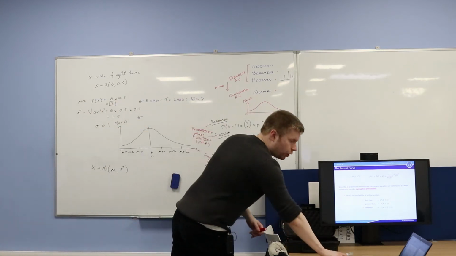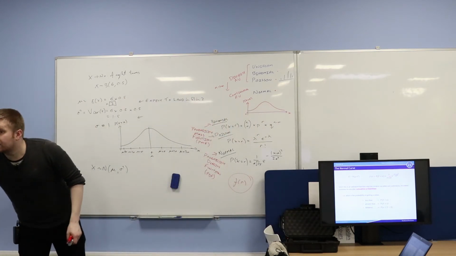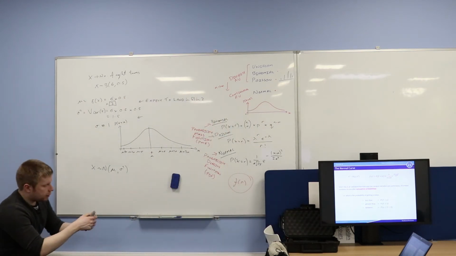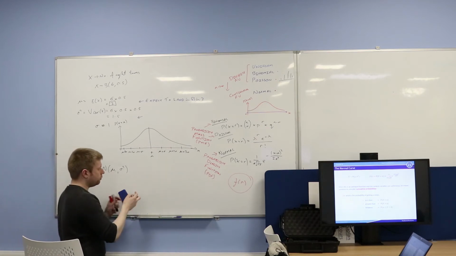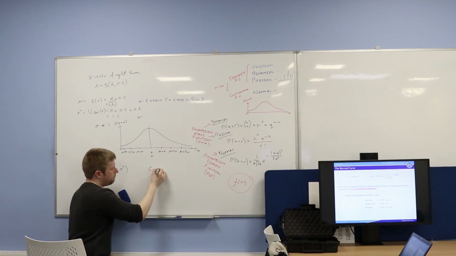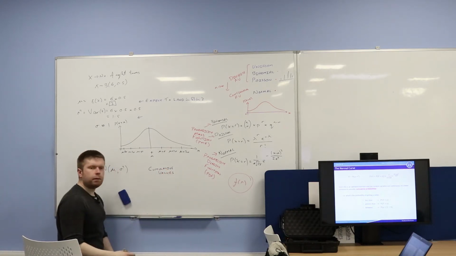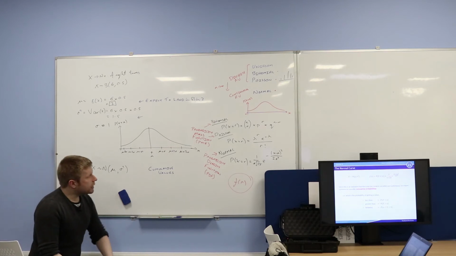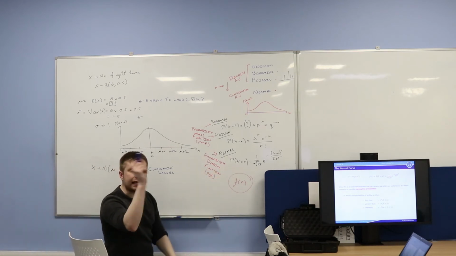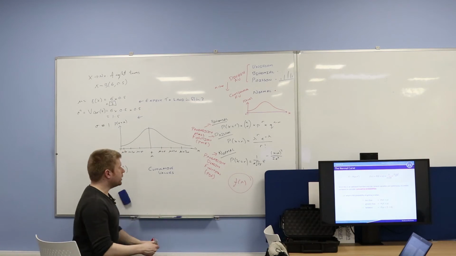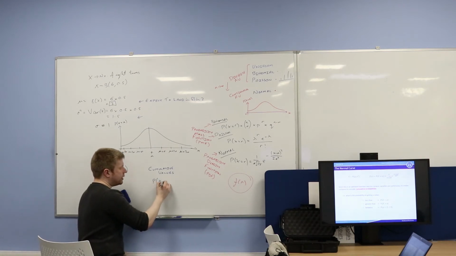Instead, what we tend to do are cumulative values instead. Okay, cumulative values, right? So instead of saying what's the probability that x is equal to some value, I'm more likely to say what's the probability that x is less than some value? Or what's the probability that x is greater than some value?